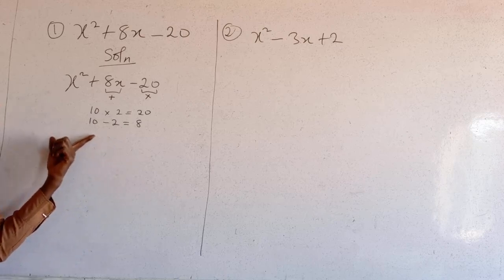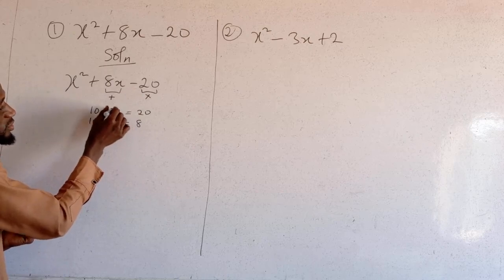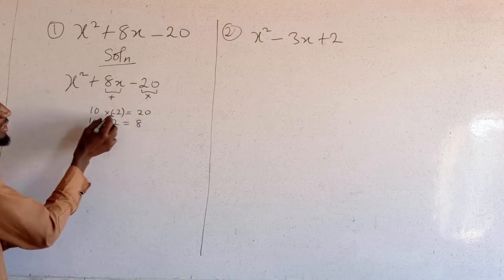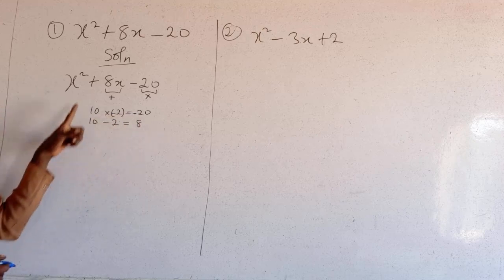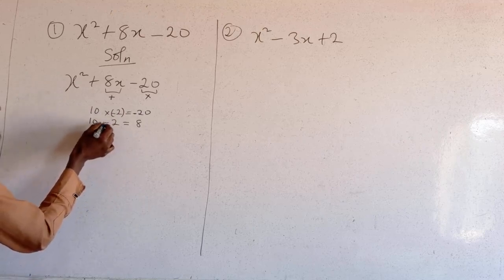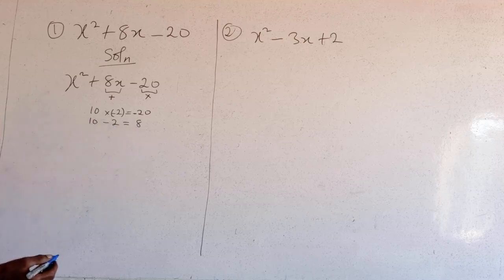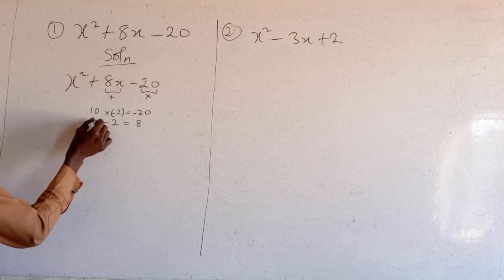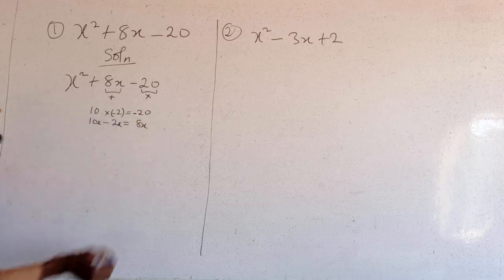Therefore, you can use these two numbers. Since this is minus 20, here will be minus 2. 10 times minus 2 is minus 20. Since this is plus, we can say 10 minus 2 is equal to 8. Here will be 10x minus 2x, here will be 8x.